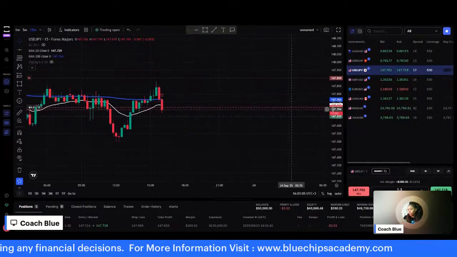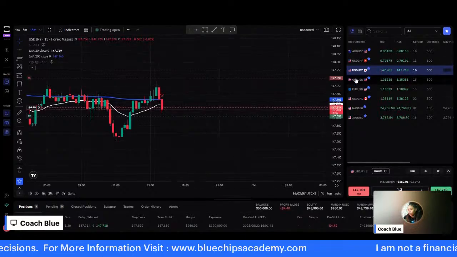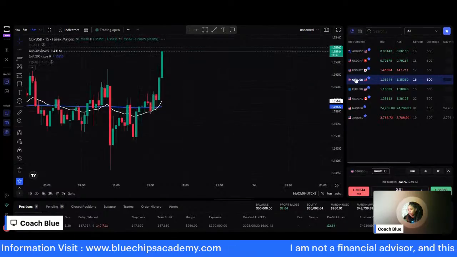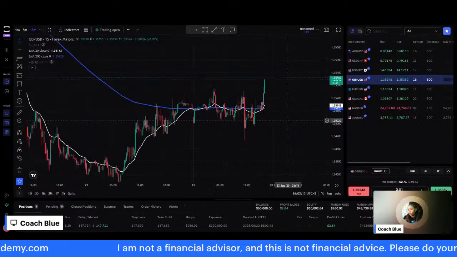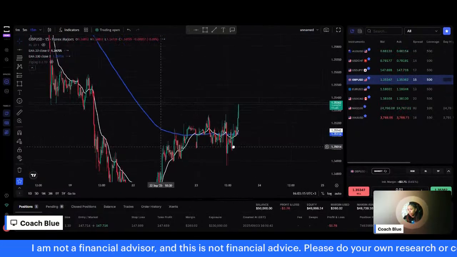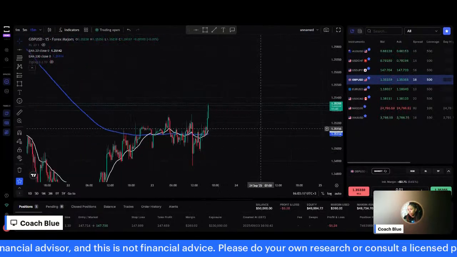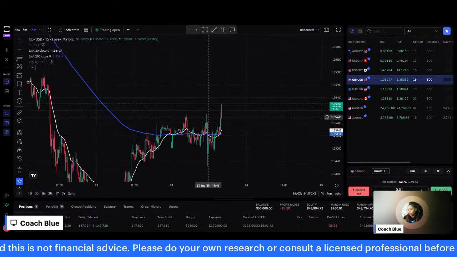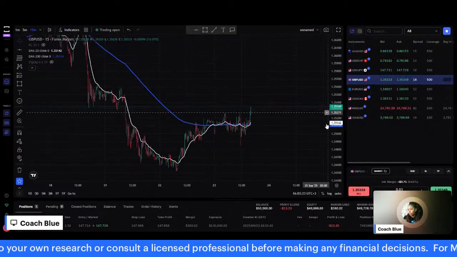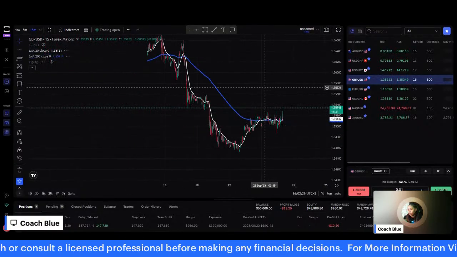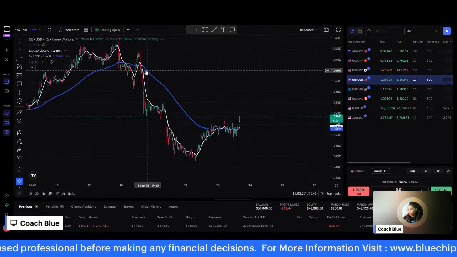So let's go take a look at GBP USD. Nice crossover here. We're crossing over. It looks like it's finally trying to break out, but look at the momentum of the market right now.